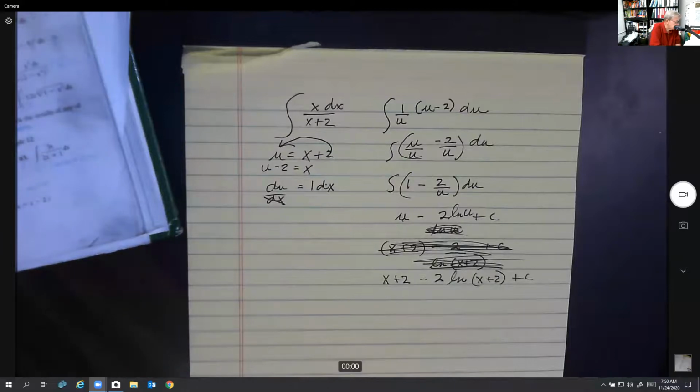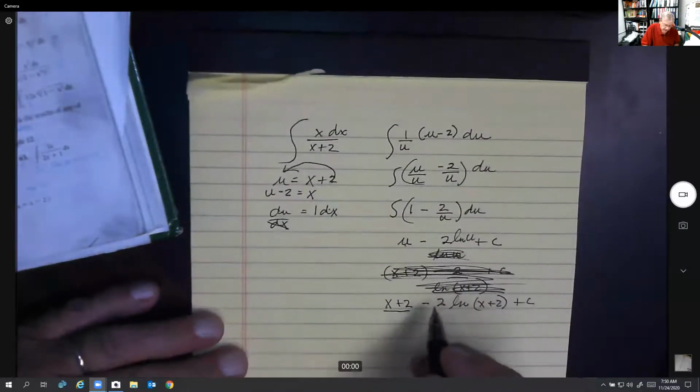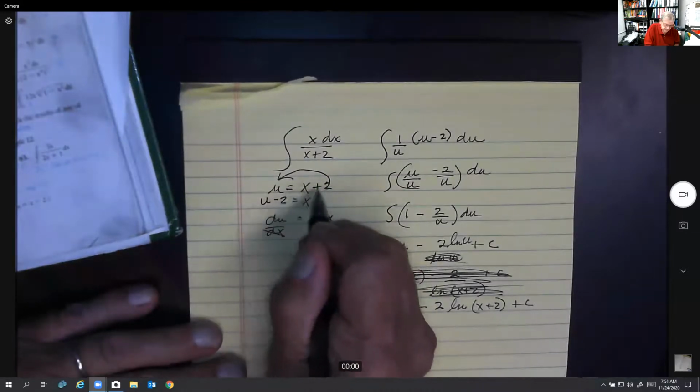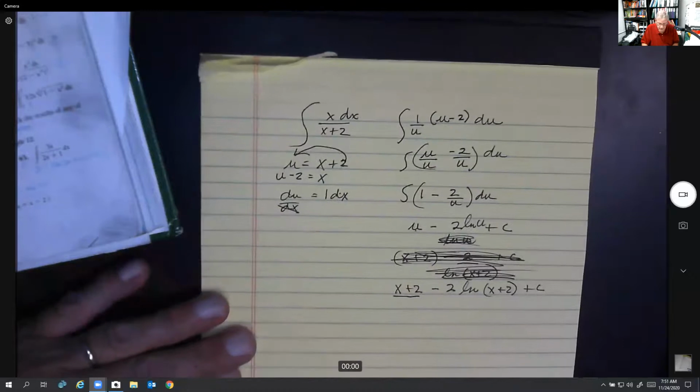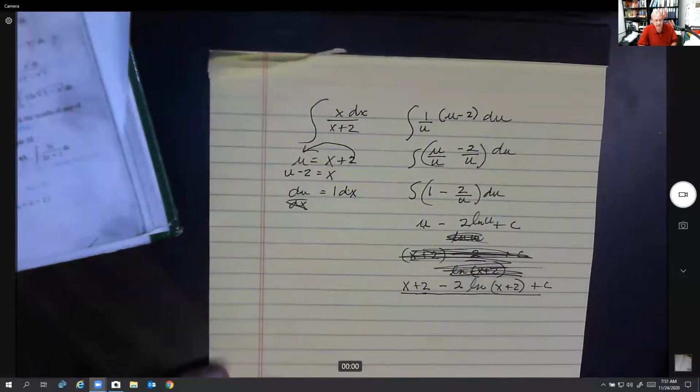I'm not exactly sure how they ended up with an x minus 2 natural log of 2. Somehow they get, and I'm thinking they're going back to something up here, but I'm not exactly sure what they did. So I'm going to have to analyze that a little bit, and I don't want to waste any more time.